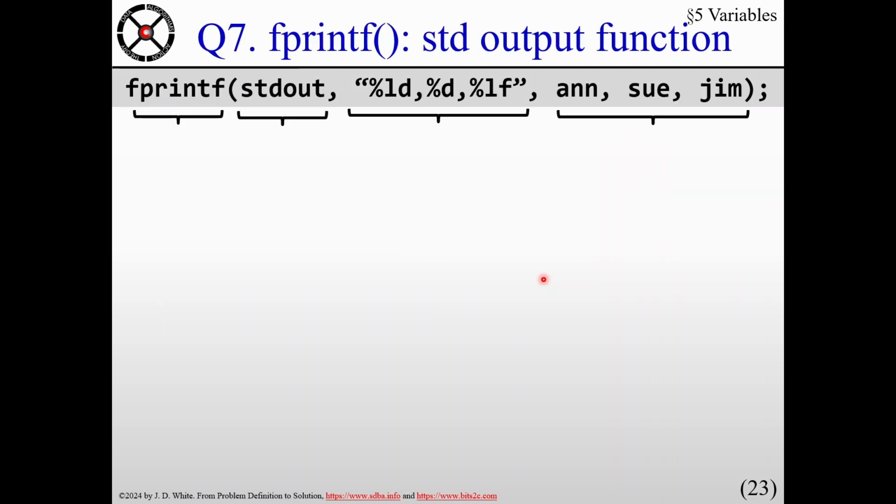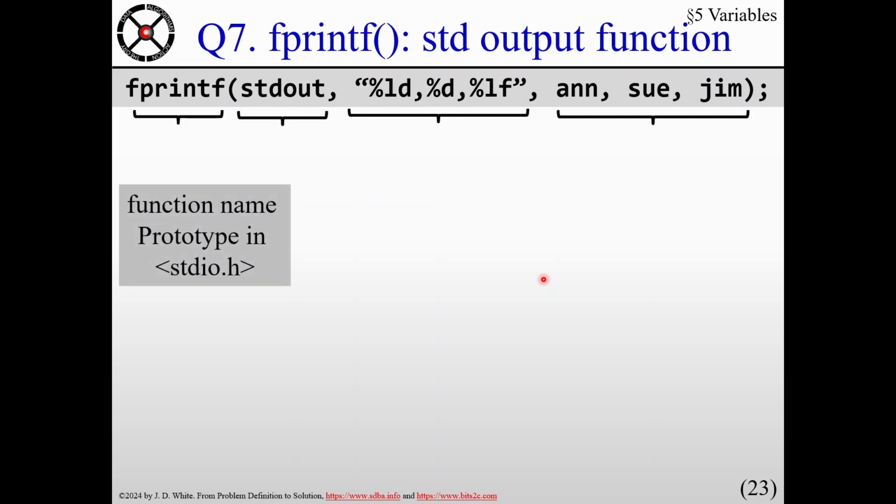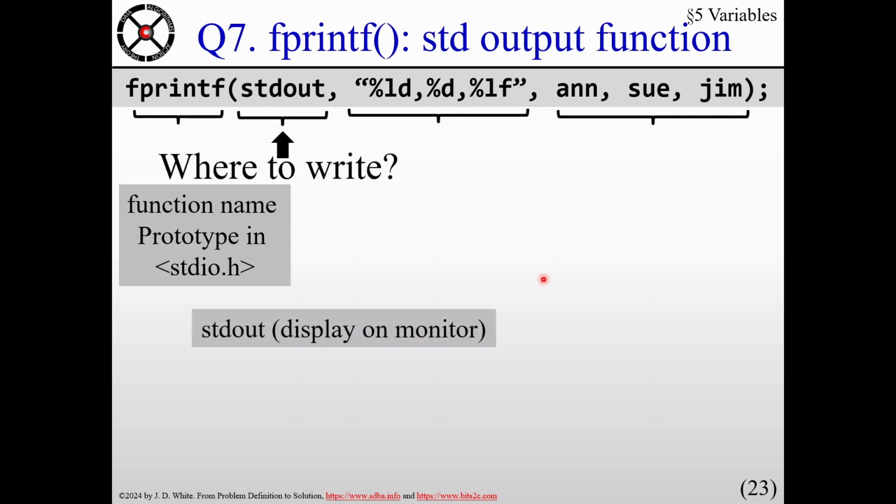We talked about this key statement, fprintf. First of all, we have the function name, fprintf. That's a prototype in stdio.h. Then we have where we want to write it.